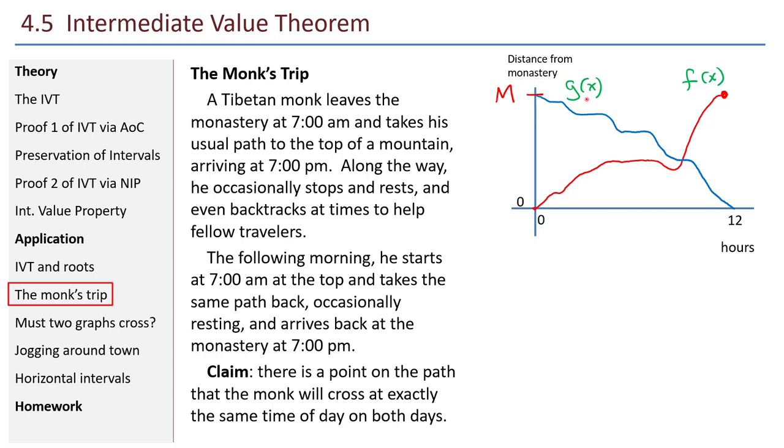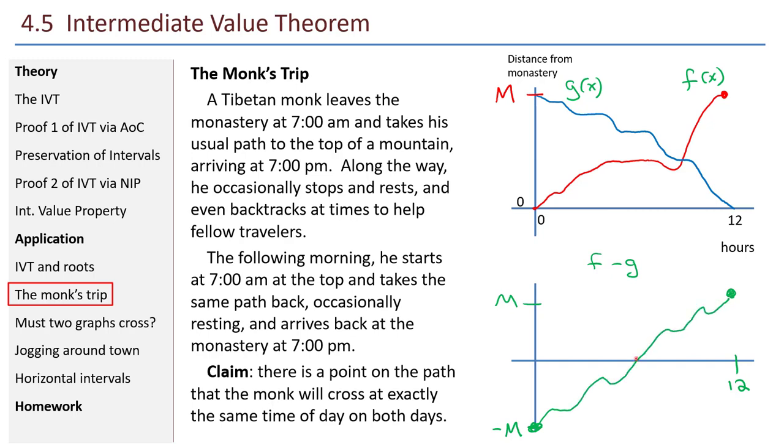And so what will the function f of x minus g of x look like? F minus g, well, it starts at negative M, and over the course of 12 hours, it will end at positive M, and the function is continuous.